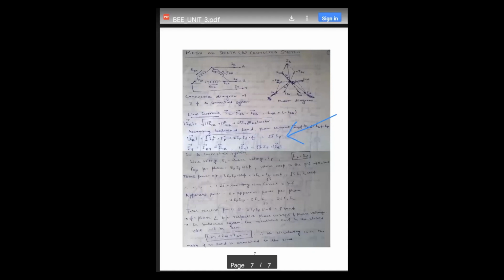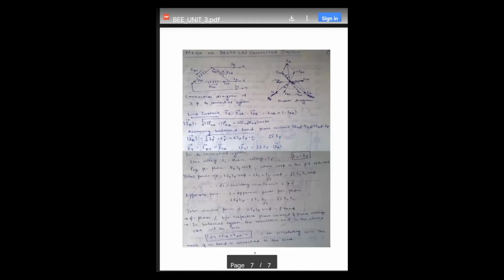It is applicable for all three line currents. Here the line voltage and the phase voltage are the same. In the star, line current and phase current were the same; here line voltage and phase voltage will be the same.